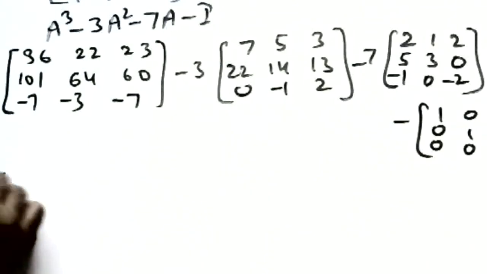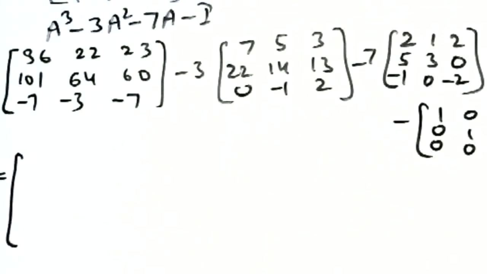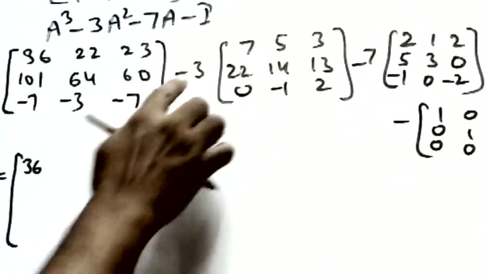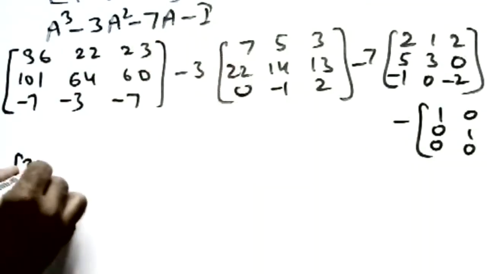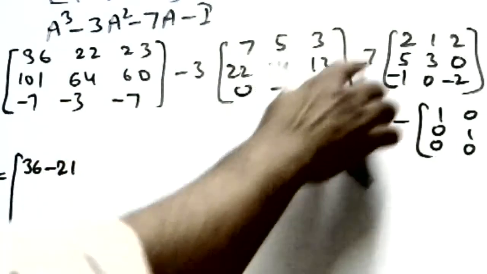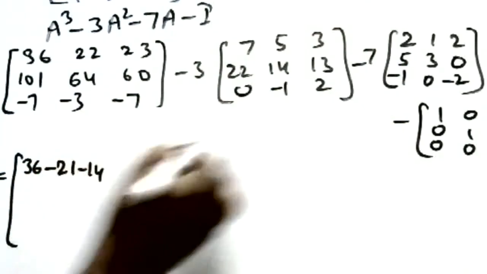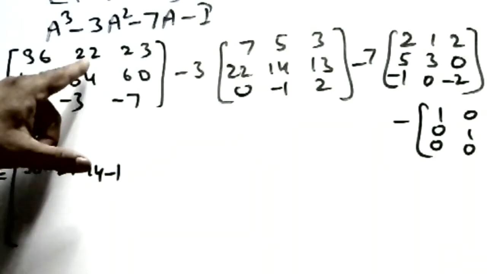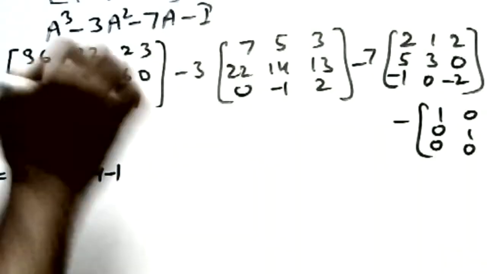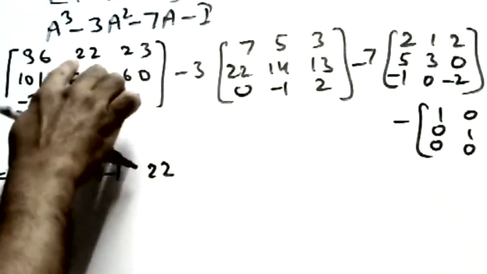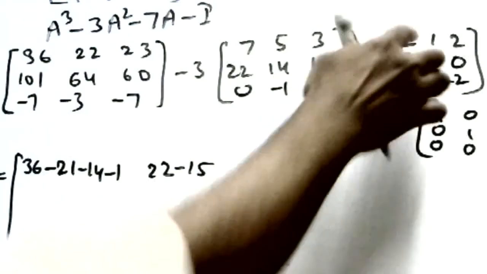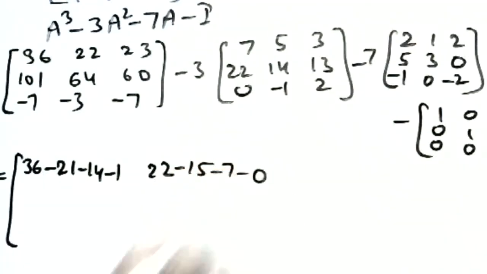Now how to solve? There are many methods. I am showing like this. Write the first elements of all the matrices. Here the first element is 36, minus 7 3s are 21, minus 2 7s are 14, minus 1. These are the first terms. In the same way, the second elements of the first row: 22, minus 3 5s are 15, minus 7 1s are 7, minus 0.